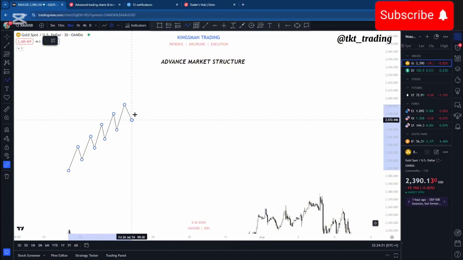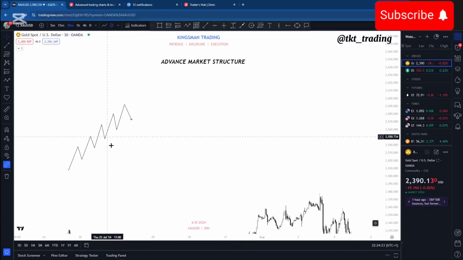But the truth is that price does not always move like this, because if price moved like this, you would all be billionaires. This market is not actually crafted for us to make money off it. The banks, the financial banks, they want to take money from retail traders, so they are not going to design the market in a way that we are going to easily make money from it, you understand?